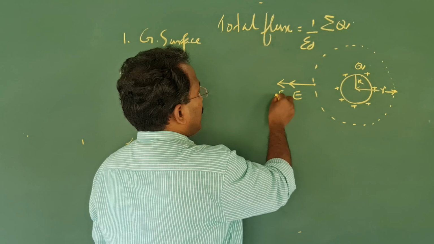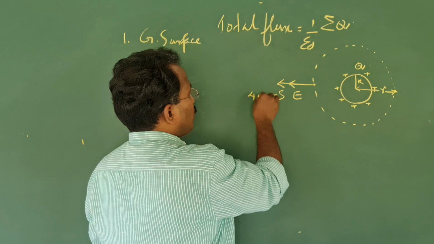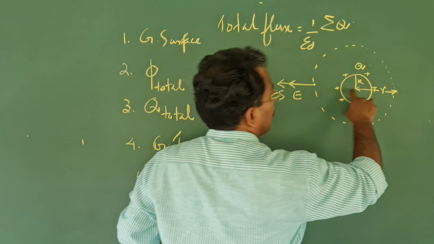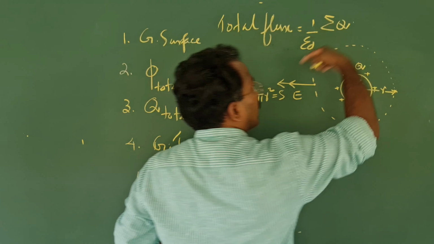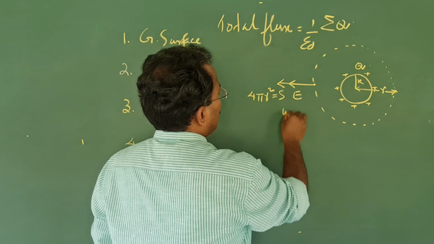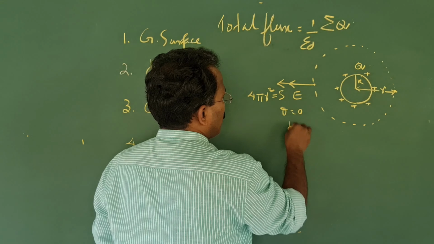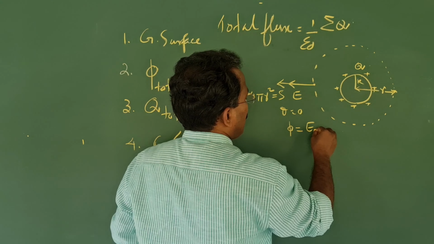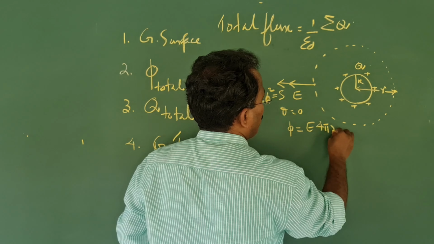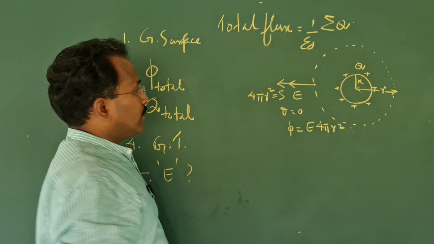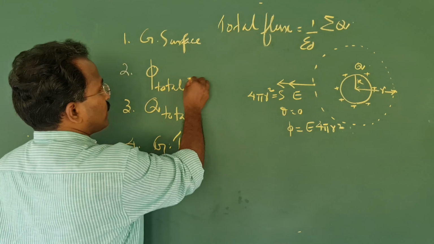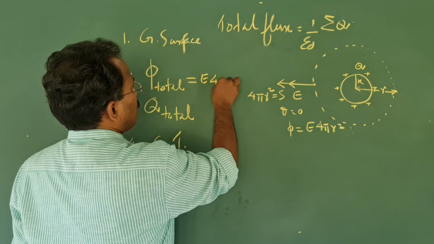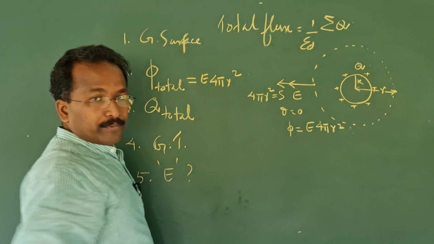S will be equal to 4 pi small r square, this is the Gaussian surface. So theta will be equal to 0, and the flux will be E into 4 pi r square. So the total flux is E into 4 pi r square.